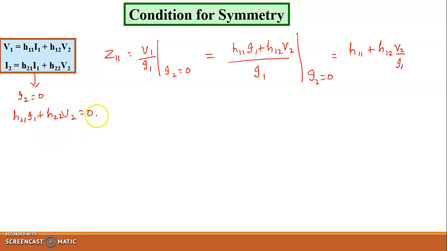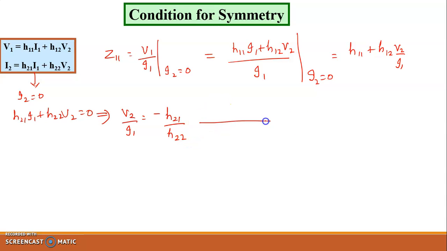So V2 by I1 is equal to minus H21 by H22.